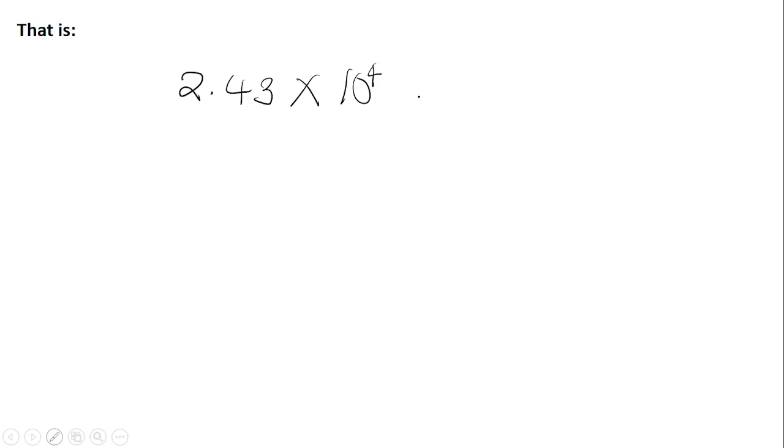To perform this operation, we are going to break our rules first, but the final answer will get back to the normal rules. So this is going to be 0.243 times 10 to the power 5. So when the decimal point moves to the left, the power increases.